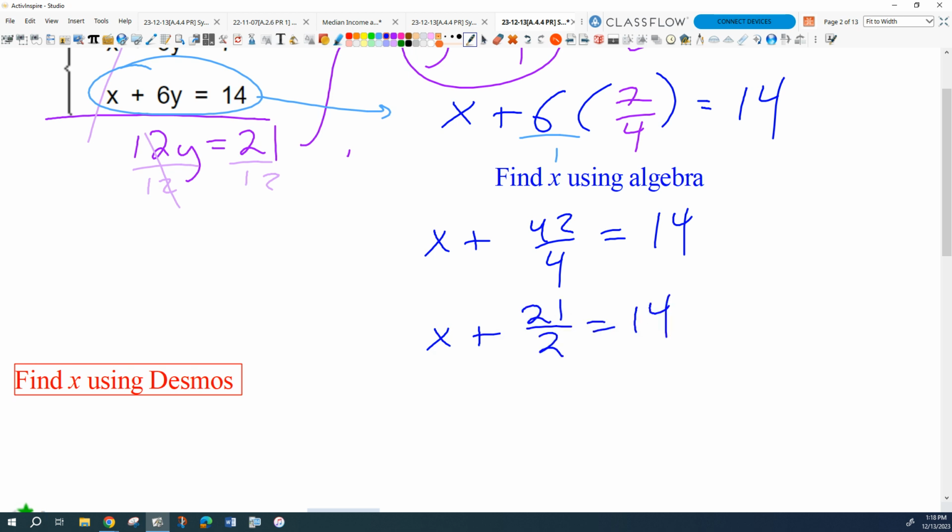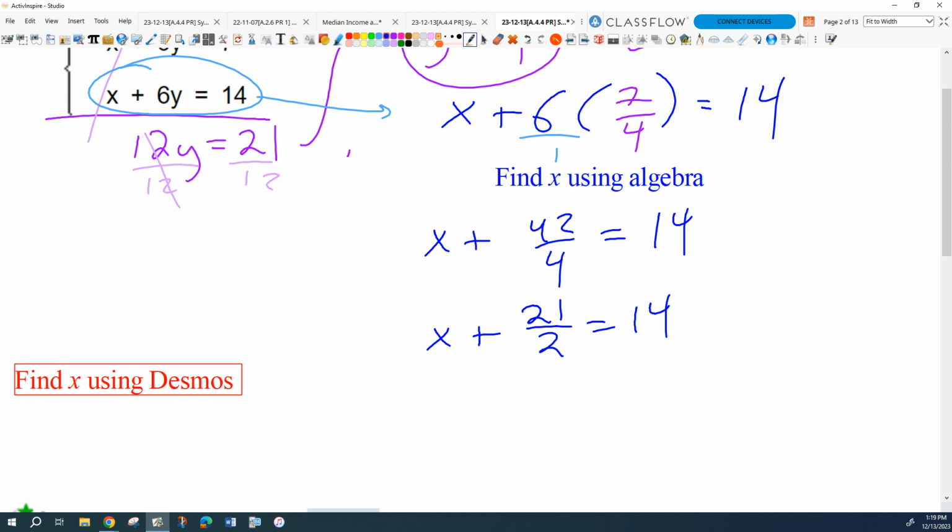Okay, now what? What are my options? I could subtract 21 halves from 14. That's fine. If I do that, I've got to subtract fractions and get a common denominator. That's okay. What's another option? What do you mean divide? Okay, so the suggestion is to divide, meaning get a decimal?